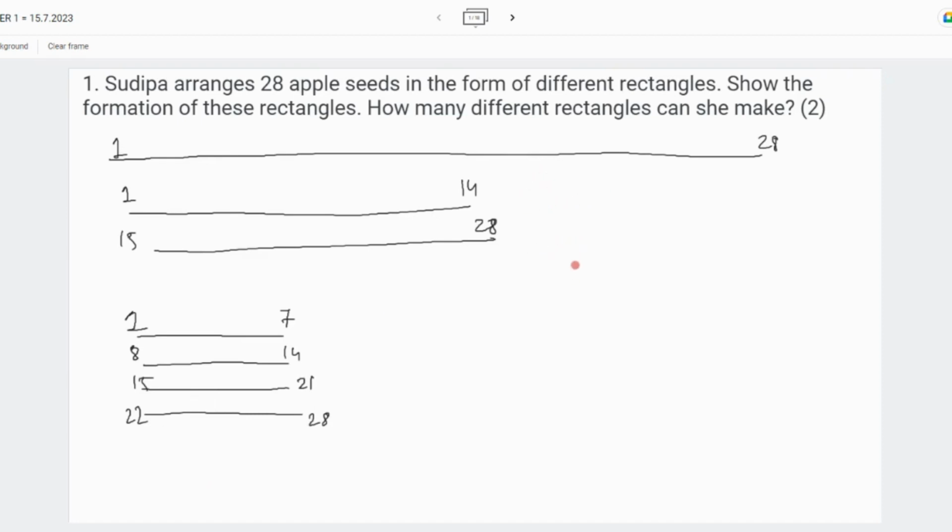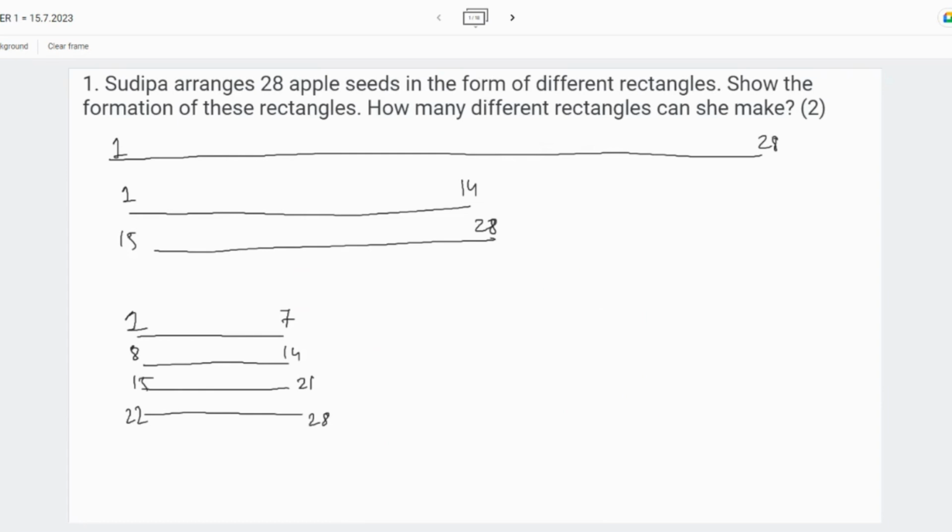Now over here in the first case I have 1 to 28 in a straight line, that is a row. In the second one I have two horizontal rows. I can also have two vertical columns. In the third one, there are 4 rows.